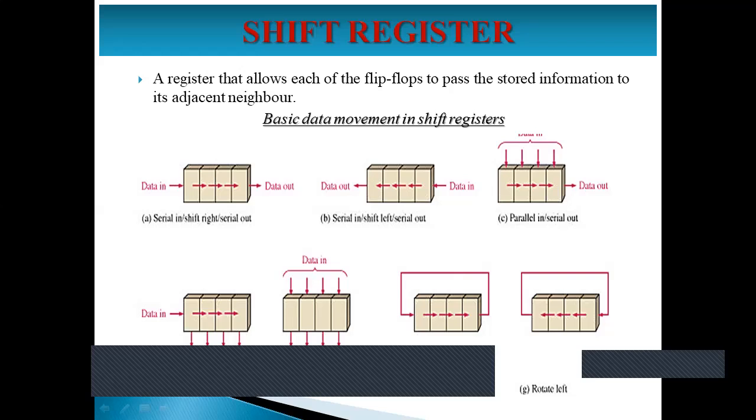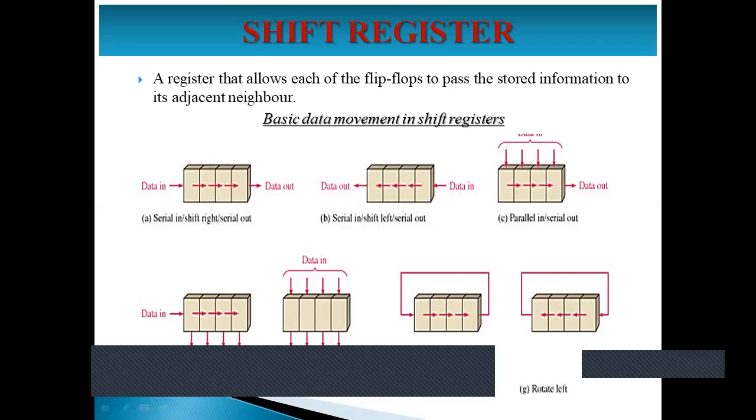Okay. Now the diagram is C. The register that receives all the data at the same time is called a parallel shift register. You can see at a time you are going to give all the data as your input and you are going to get your output one by one.